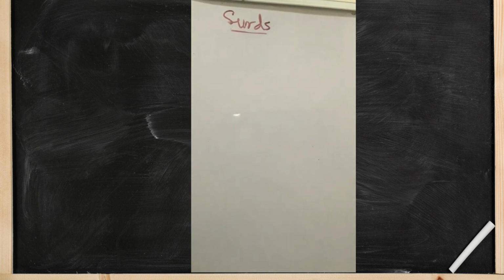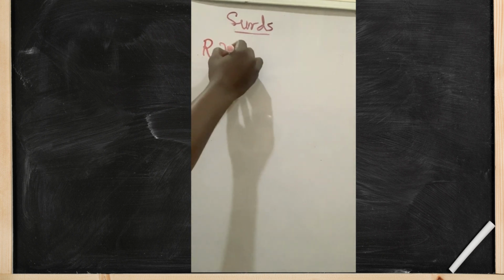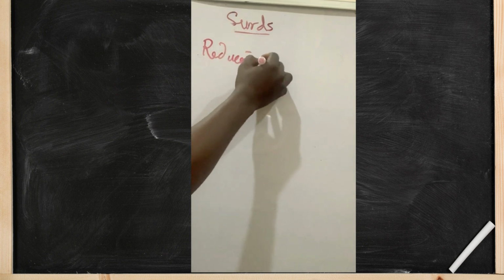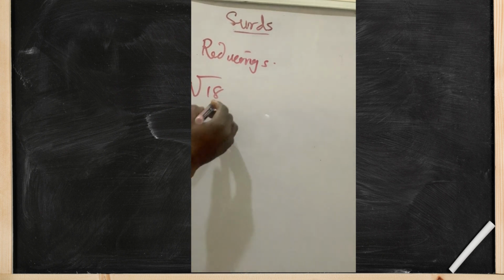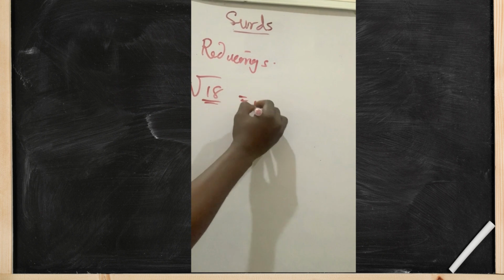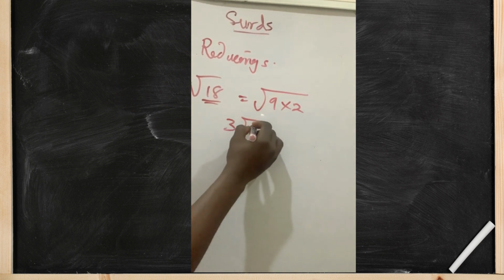Now for us to quickly have a few examples in order to manage our time and not to expand things further. Number 1, reducing surds. So let's quickly speak about reducing surds. Like we're having root 18. To reduce this, just look for the perfect square that is in here. Then you're having 9 times 2, 3 root 2.